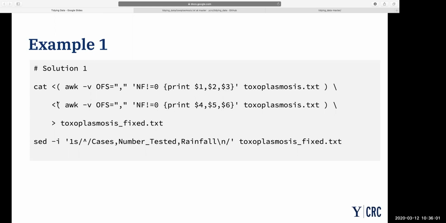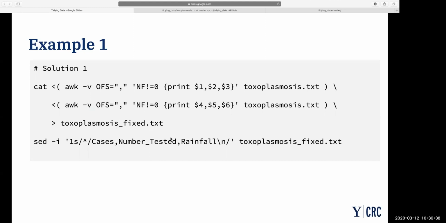With the magic of subshells and redirection, I can ask the cat command, or concatenate, to stack the output of this first command on top of the output from the second command. And this final part of this really long command is telling the shell to redirect all the output from cat to a file called toxoplasmosis_fixed.txt.